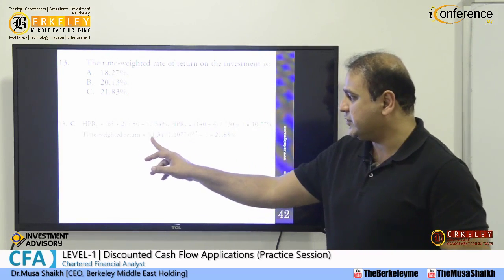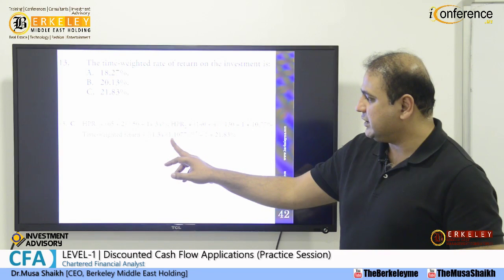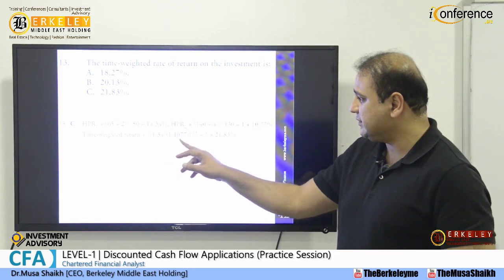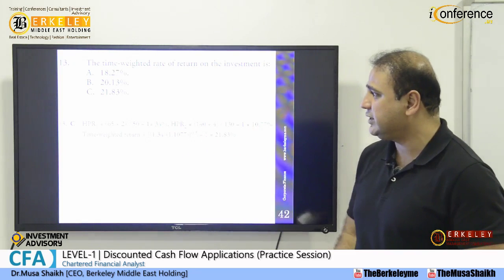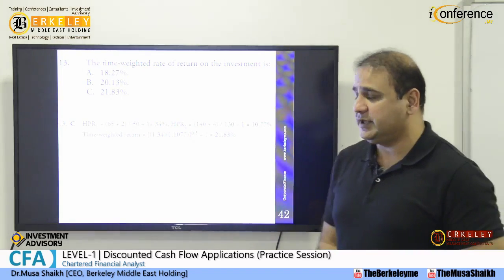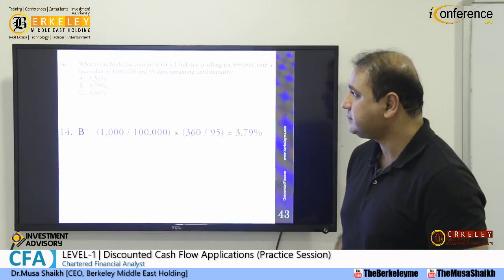And if you put in the formula 1.34, that is here, and 1.077 times 0.5 minus 1 is 21.83. In terms of time weighted returns, you just have to plug in the formula and get the right answer.